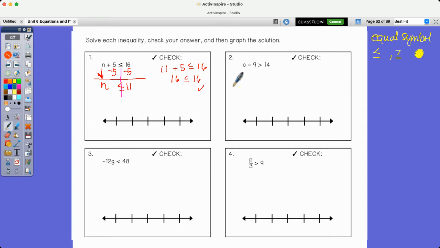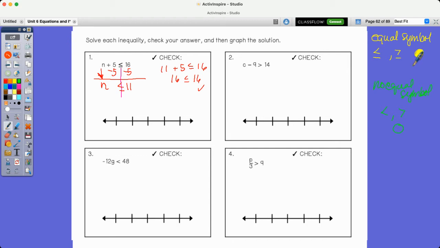Color it right in. When there is no equal symbol, like less than or greater than, we use an open circle. This is all related to how we graph them in high school and in college. So we're going to start practicing using these methods.